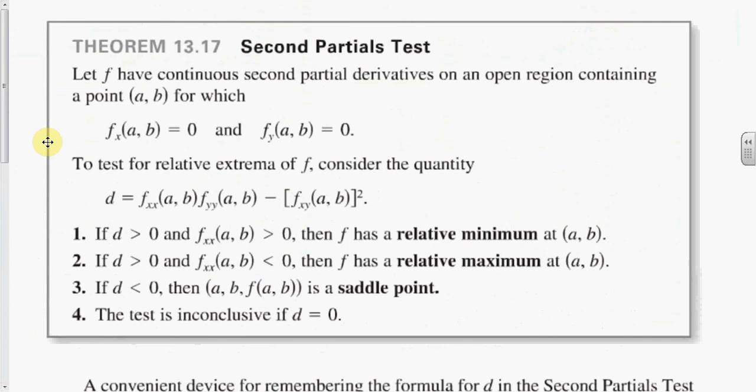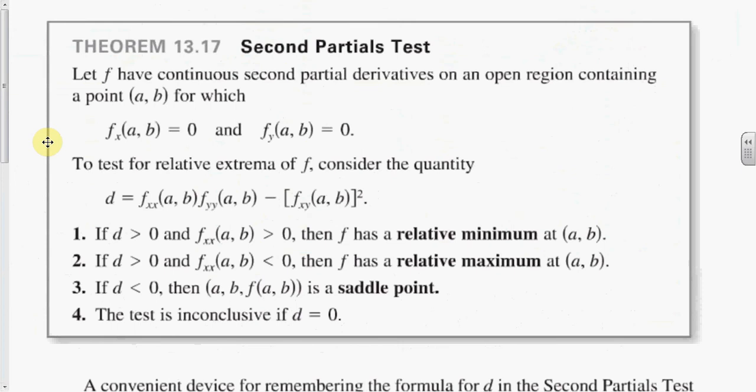We set the partial derivatives equal to 0, and then you solve for some a and some b. Little d is the 2-by-2 determinant. That's all it is. When you find that determinant, it consists of those second partial derivatives. And I'll show you the diagram of it in just a moment.